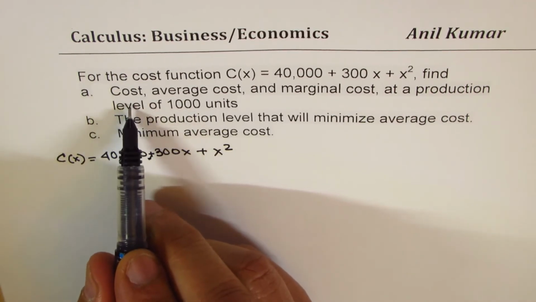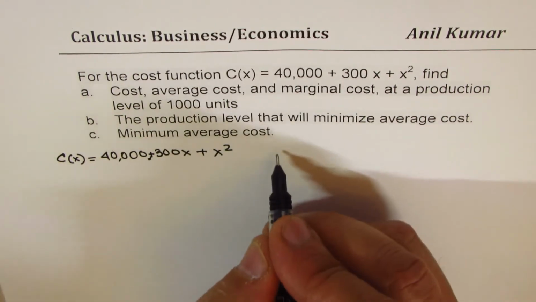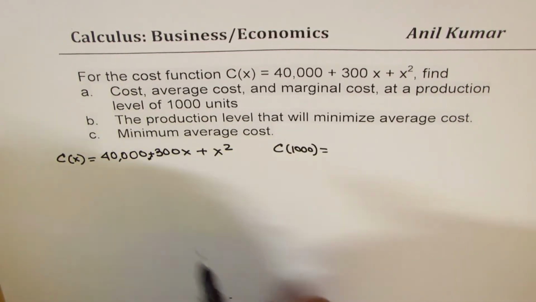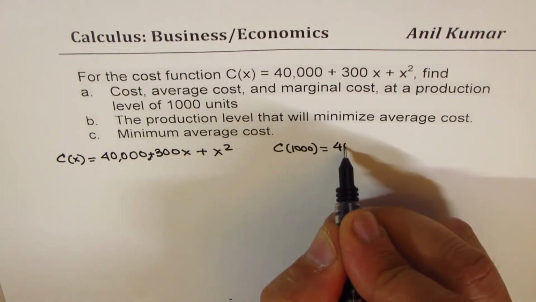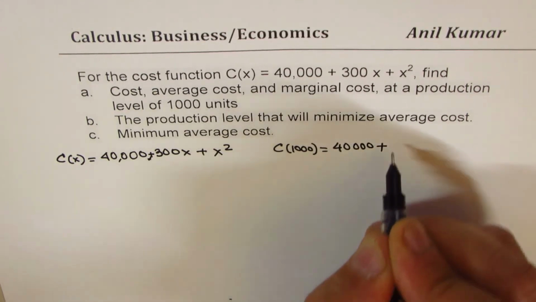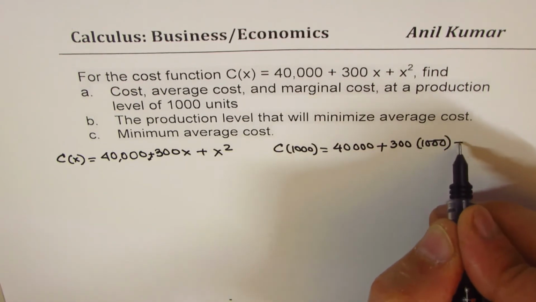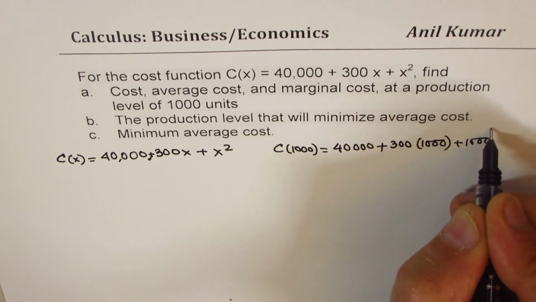If you have to find cost for 1000 units, we can just say C of 1000 is equal to what? Correct? Replace x with 1000, calculate your answer. So you get 40,000 plus 300 times 1000 plus 1000 squared, right?